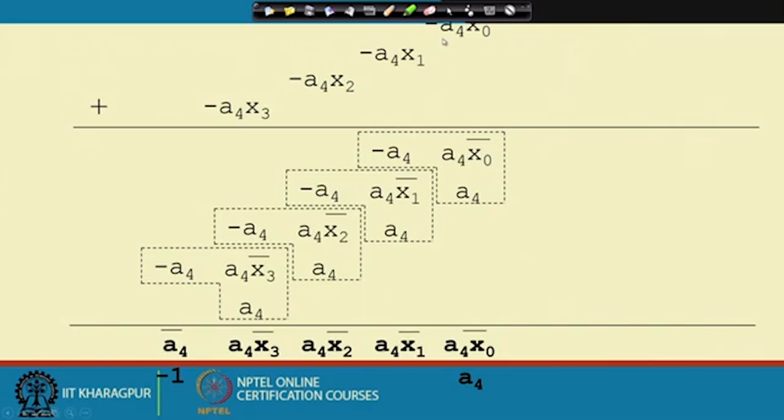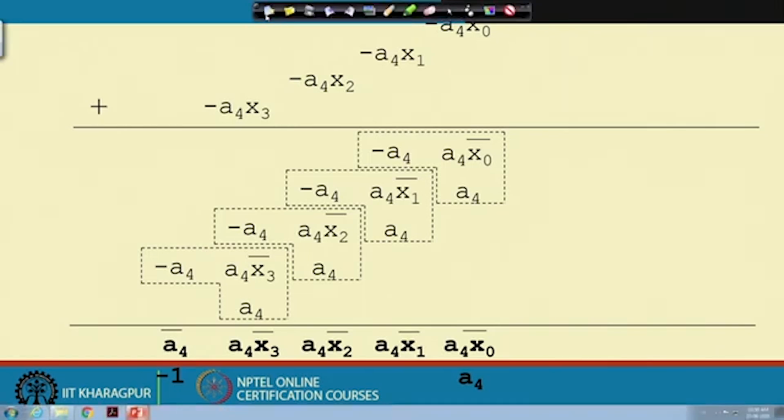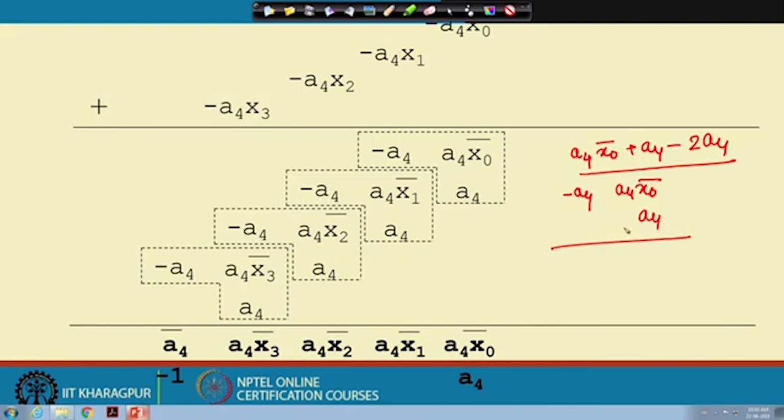So that is why minus a4 x0 can be represented as a4 x0 bar plus a4 minus 2 a4, right. So, minus 2 a4 is the position where I will get a4, and a4 x0 bar and plus a4 are in their positions. This equation can be represented as this one, because this has the 2 bit shift weight.